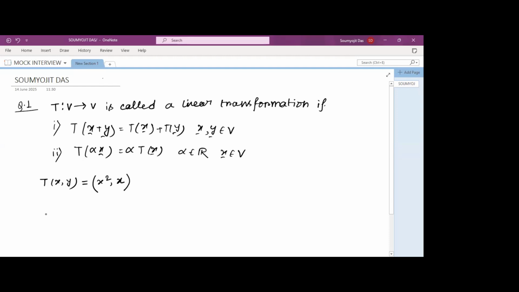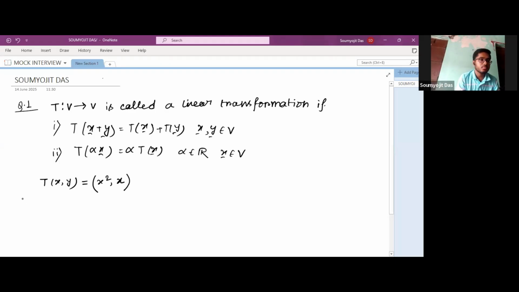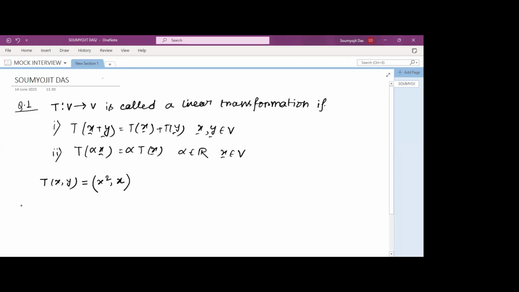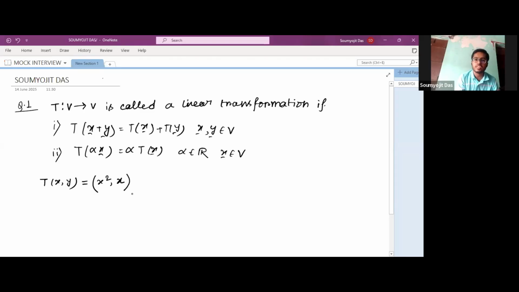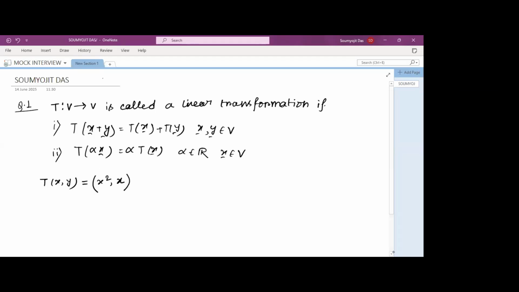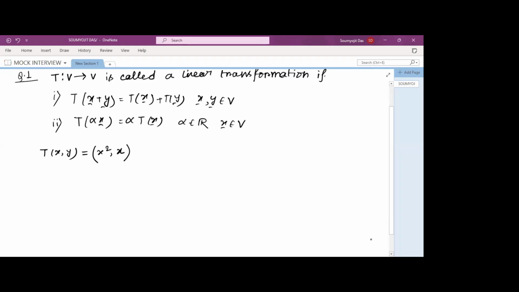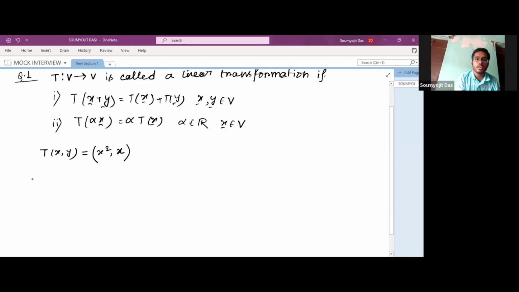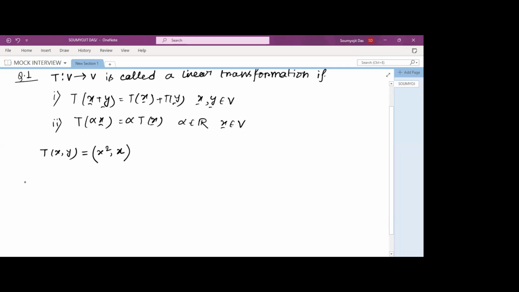You know what a vector space is? Yes, sir. Rather than that, what is a vector subspace? The vector subspace is also a vector space, so it will be a subset of the parent vector space. So you know there are three conditions to check for a vector subspace. Yes, sir, I know the two conditions, closed under addition and closed under scalar multiplication.